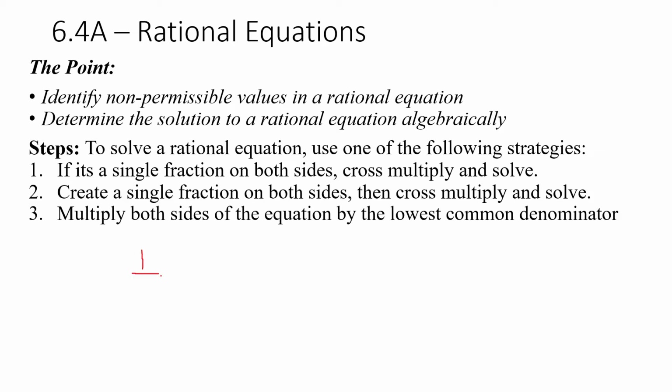So just a simple example, 1 over 2 equals 3 over x. If you had something like this, you're going to cross multiply. That just means multiplying both sides by x to get the variable out of the denominator. What that effectively does is brings it up to the other side.